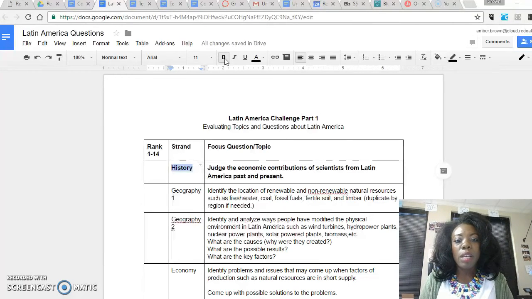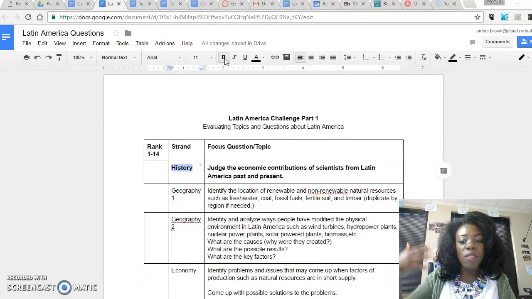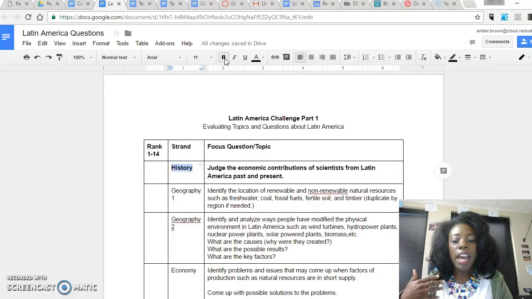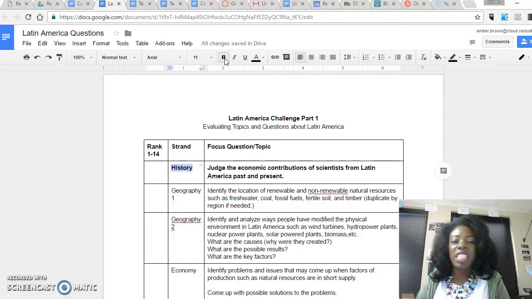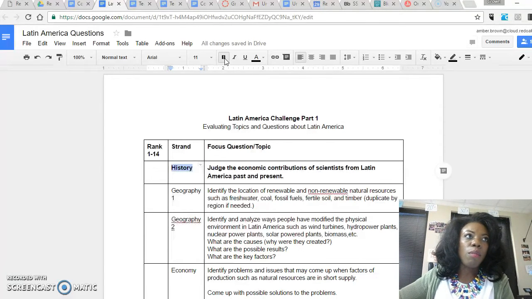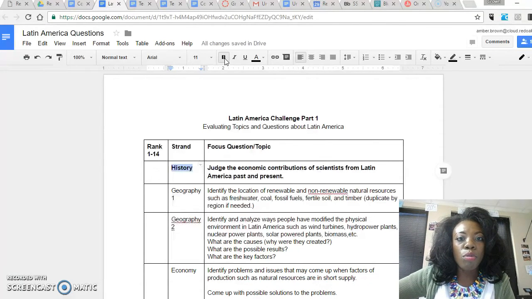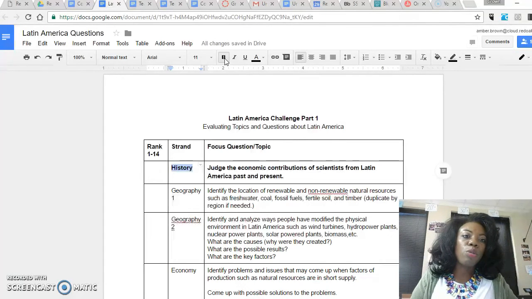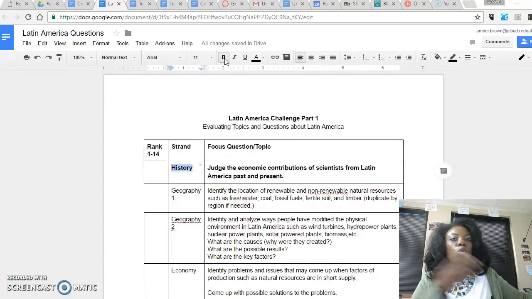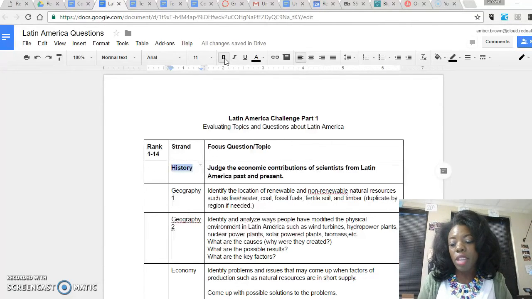You're going to make a judgment on which one of these scientists has contributed the most or has made the most impact on Latin America. Is it the guy who discovered wind turbines and put them in Brazil or wherever they are located? Or is it this guy over here who discovered a way to put solar panels in Guatemala? I don't know. I'm just coming up with that.